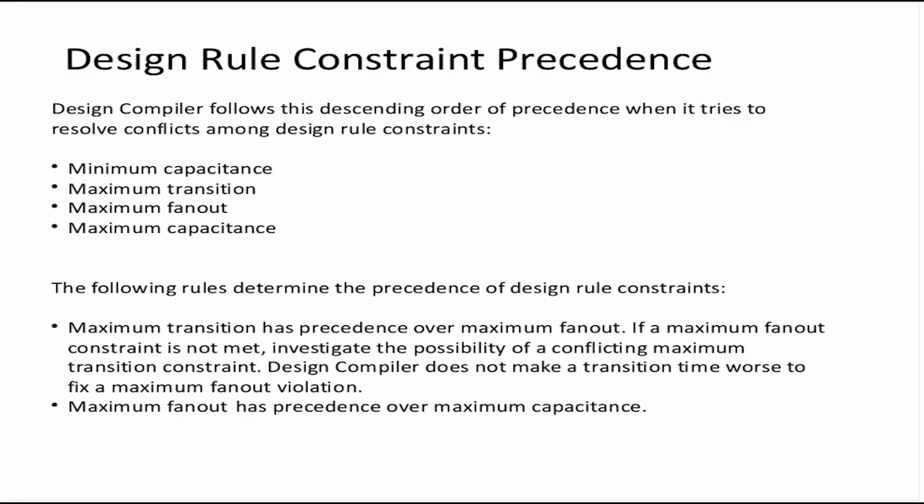They usually don't conflict with each other, and they all should be met. But if they are conflicting, if DC is not able to meet one by fixing the other, then these constraints should be revisited. You should check that these constraints are defined correctly, such that DC is able to meet them.